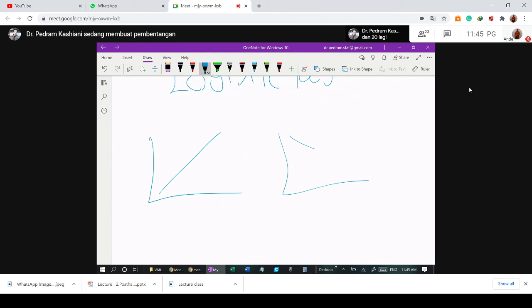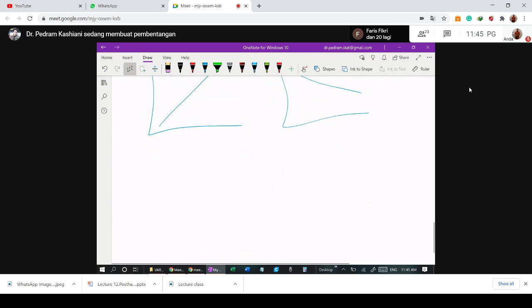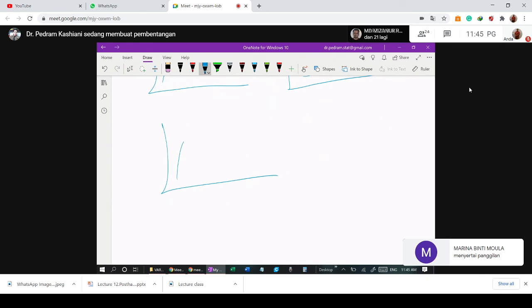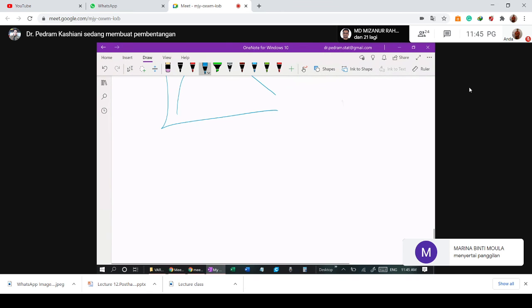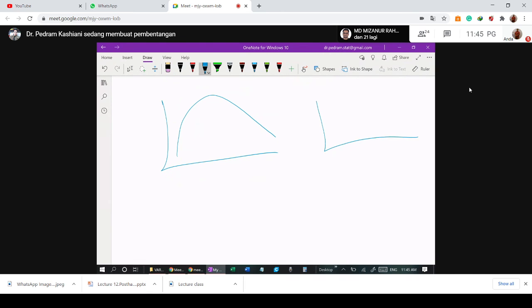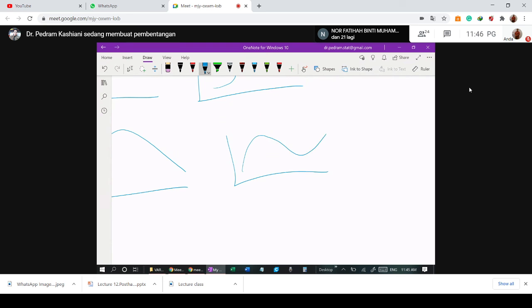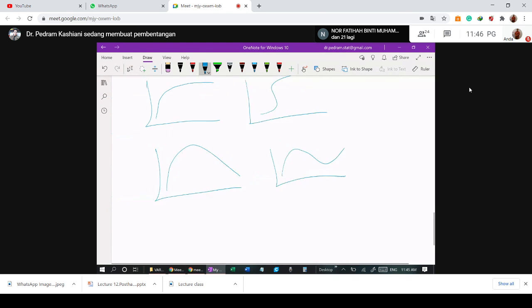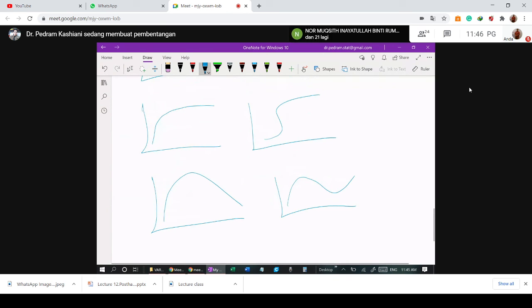This is linear again, goes down. This is exponential, goes and stops. This is sigmoid. This is quadratic. This is cubic.